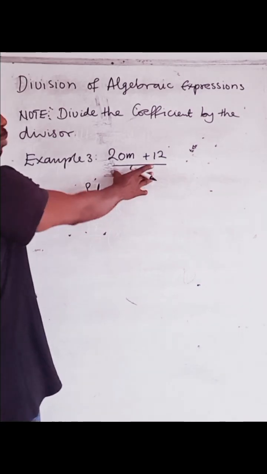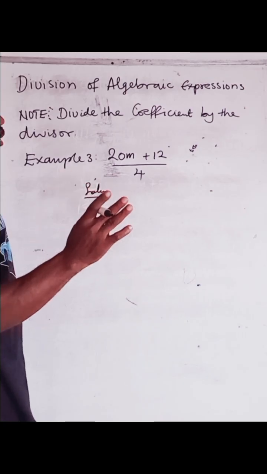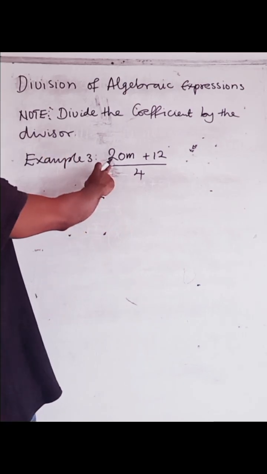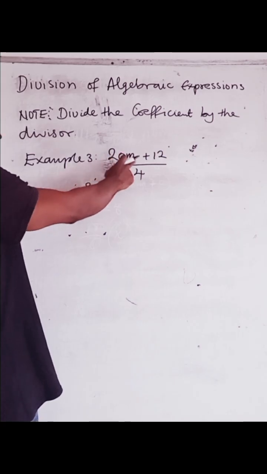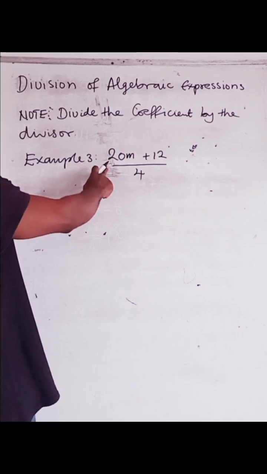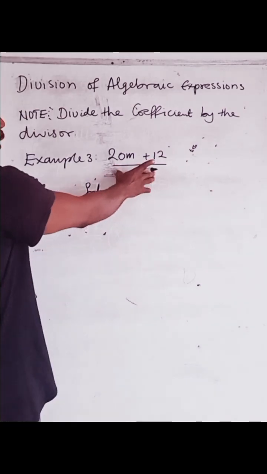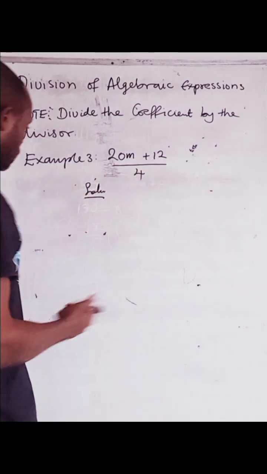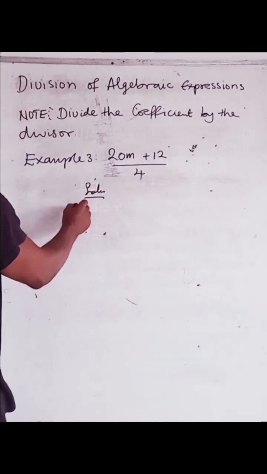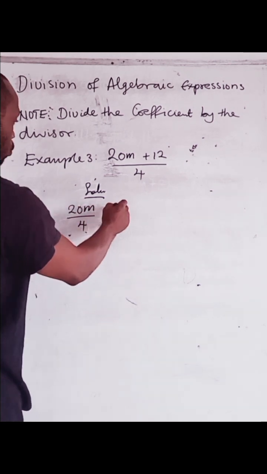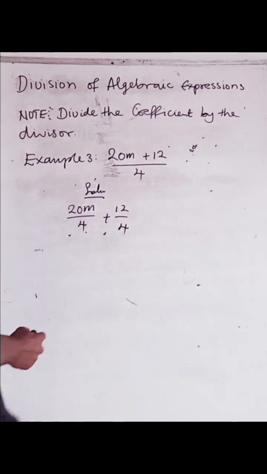And when you have something like this, take note that this 4 is dividing 20, the coefficient of 20m, and it is also dividing 12. So this expression can also be written as 20m all over 4 plus 12 all over 4.